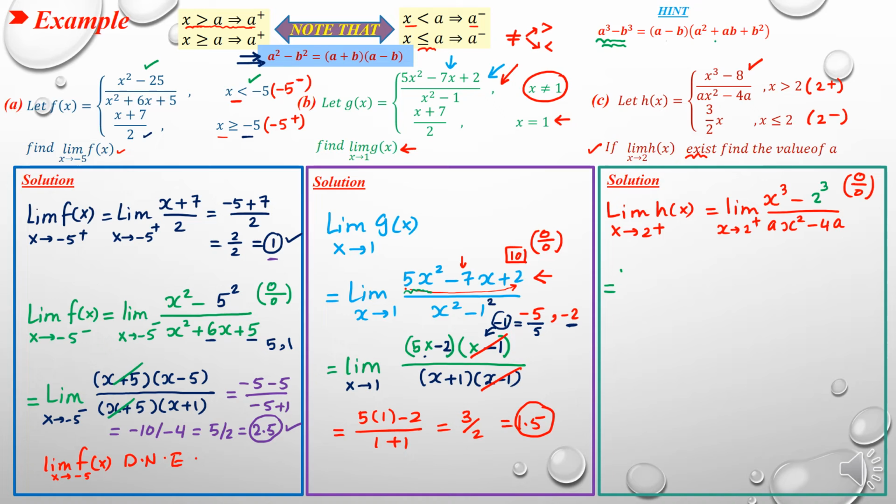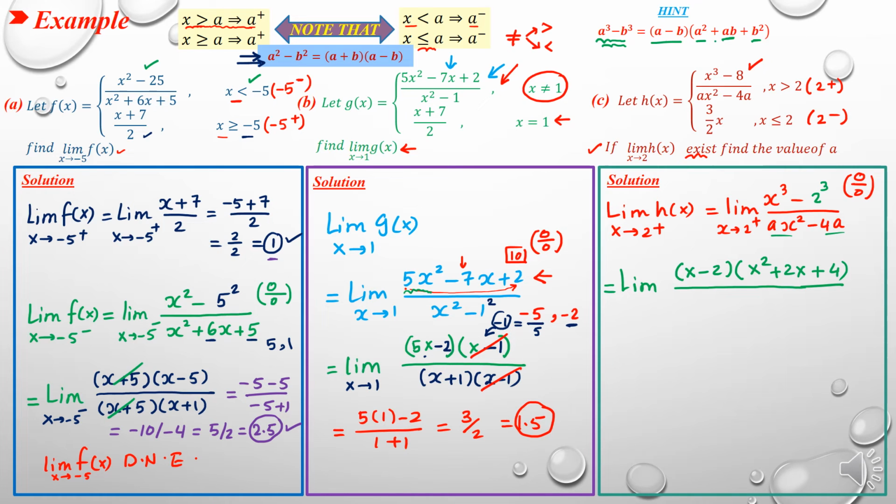So the limit will be x minus 2 in our expression, multiplied by x squared, plus 2 times x, plus 2 squared, 4, divided by, and in the denominator we have ax squared minus 4a.